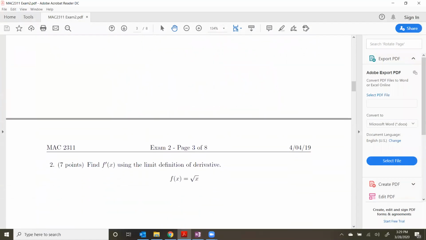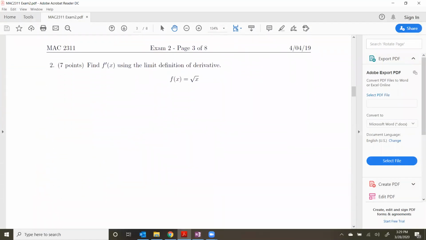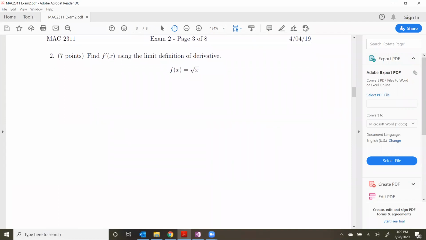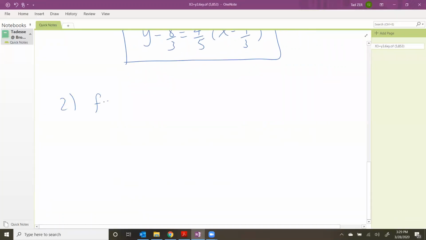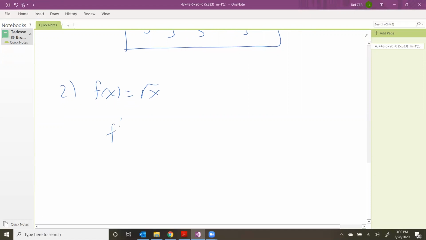So the next example says, use the limit definition of derivative to find the derivative of f of x equal to radical x. Very good. So I can find the derivative using the power rule, but it says use the definition. So what is the definition of derivative?